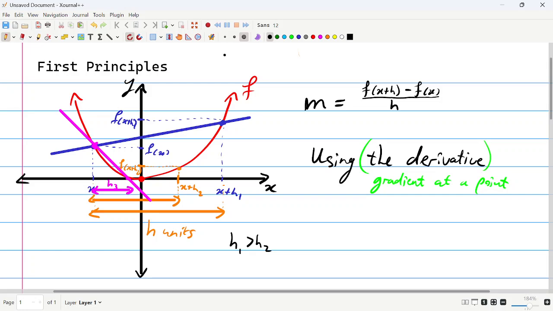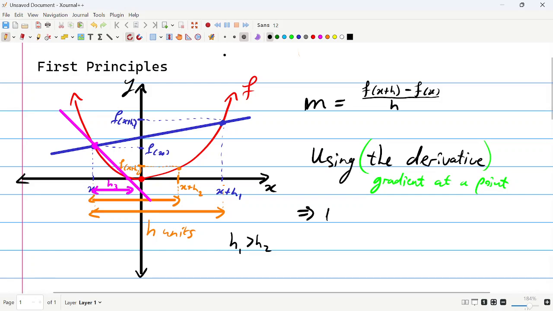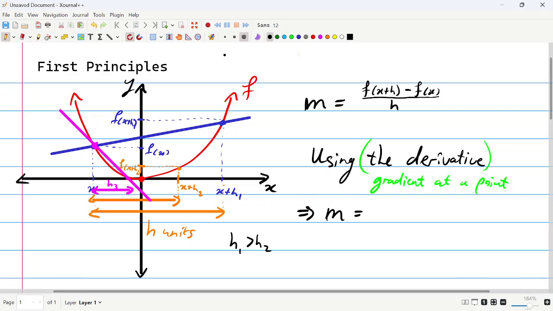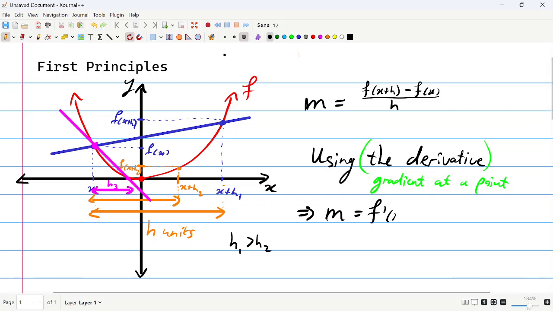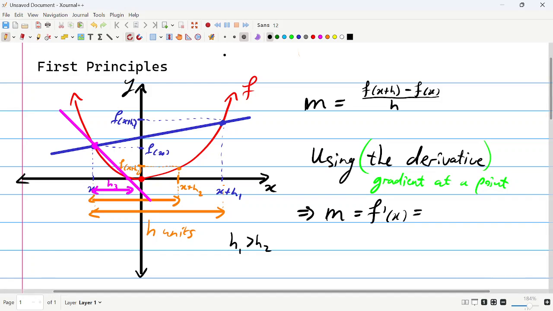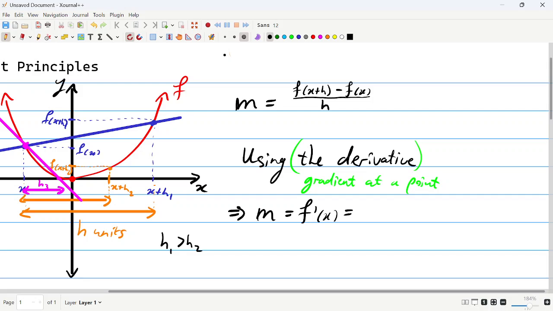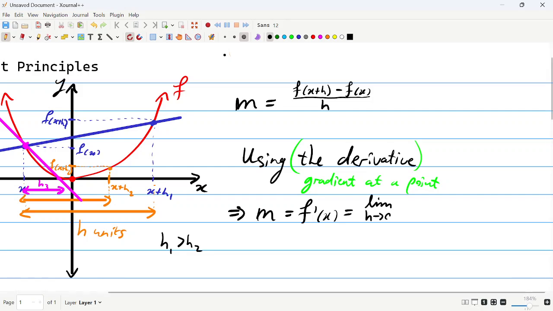Using the derivative definition, this then finally implies to us that the gradient is just going to be equal to the derivative of the function. And this is the same as the limit as h approaches 0.